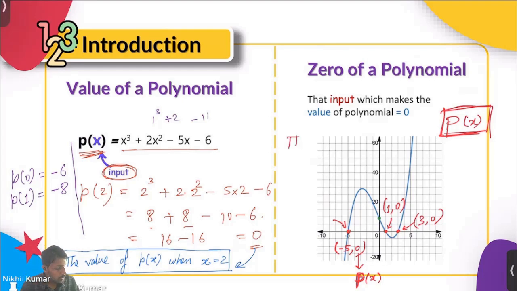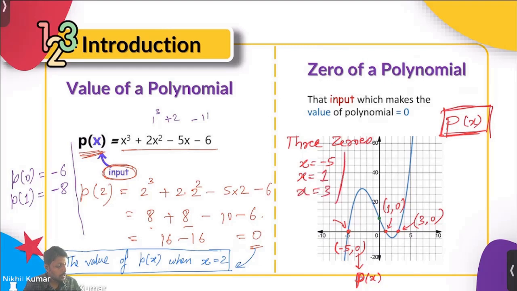Let me write that. There are 3 zeros. And what are those? Those are x equal to minus 5. So when you substitute minus 5 in place of x, you would get 0. The polynomial's value is 0. The other one is x equal to 1. And the third one is x equal to 3.